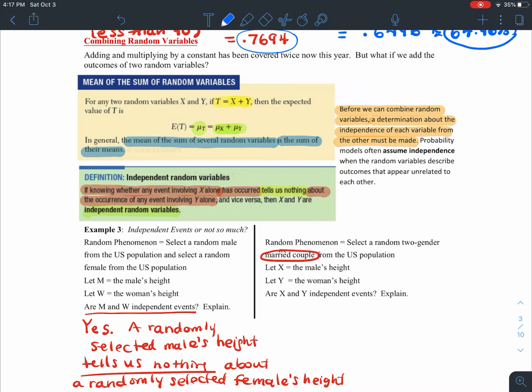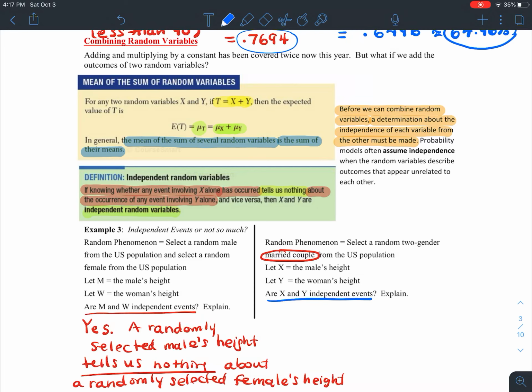Now, think about this. If I were to tell you that we randomly selected a couple and the wife was 6 foot tall, do you think that knowing that would in any way possibly tell you something about what her husband's height could be? Okay. Now, it's not always true, but you do notice that in a lot of couples, generally the husband tends to be taller than his wife. Okay, not always, but that is usually the case.